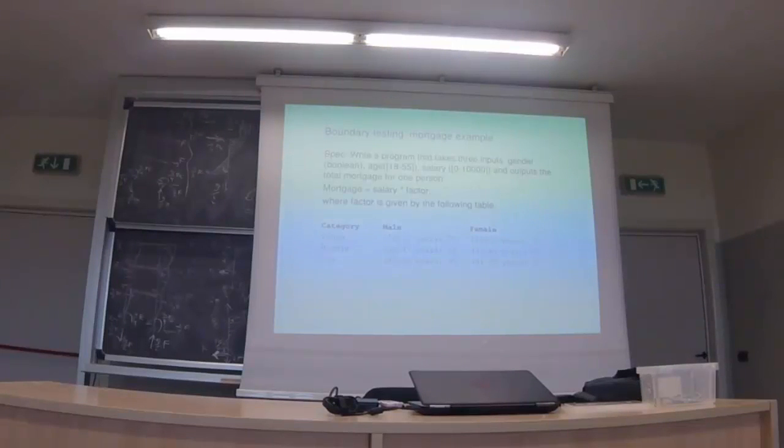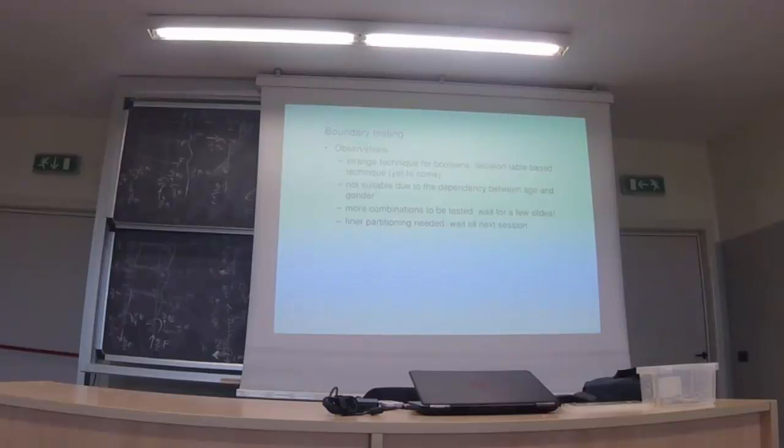If you check this table better, if you are male, you are considered old later than female. You can see here 50 is the maximum for female, 55 is the maximum for male. Also, we need more combinations to check. Just wait for a couple of slides, we will see that later.